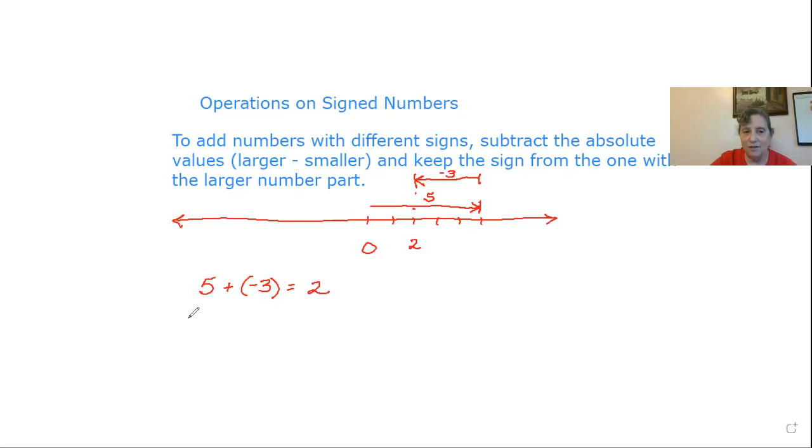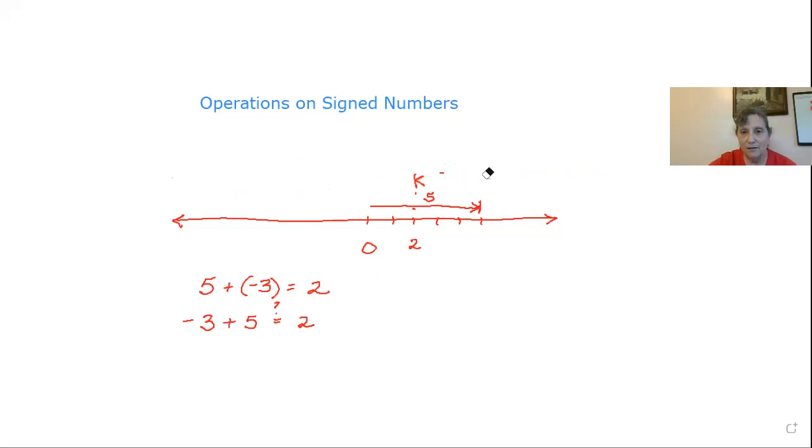Addition is commutative. So a -3 done first and then a +5 should still result in a +2. Does it? Well, let's find out.